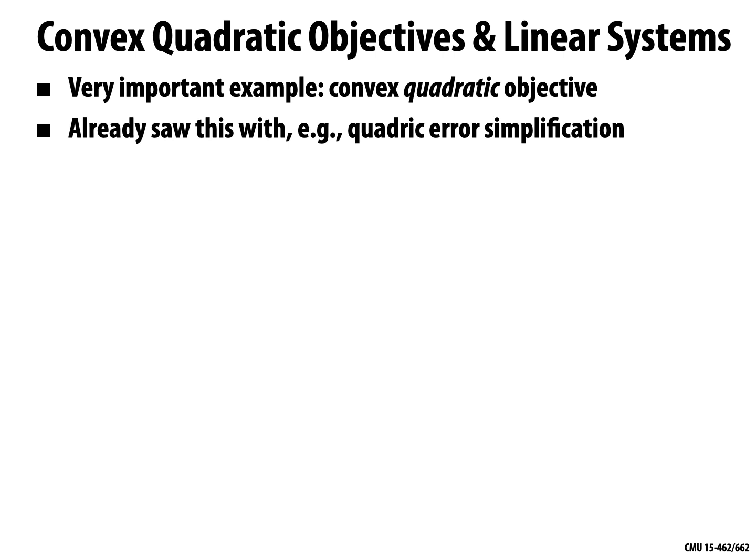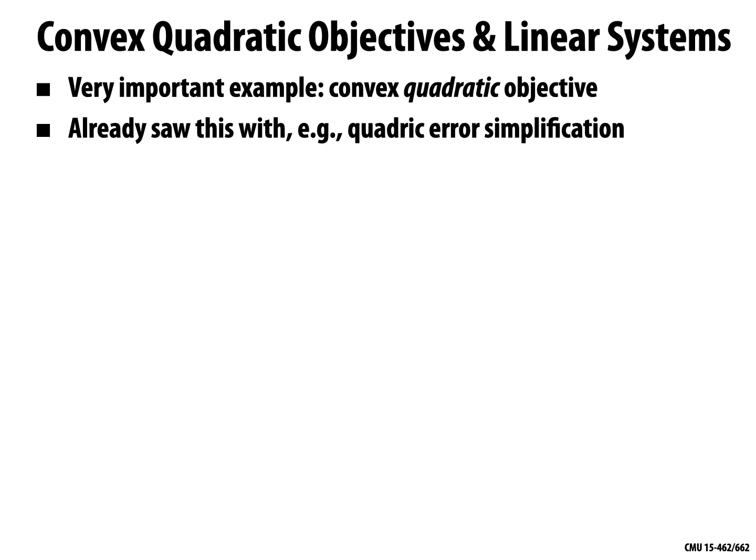We wanted to place the collapsed point. We were simplifying a mesh, and we want to place the collapsed point at the best location. Well, we defined this notion of best using a quadratic form. Minimizing that quadratic form was a convex quadratic problem.